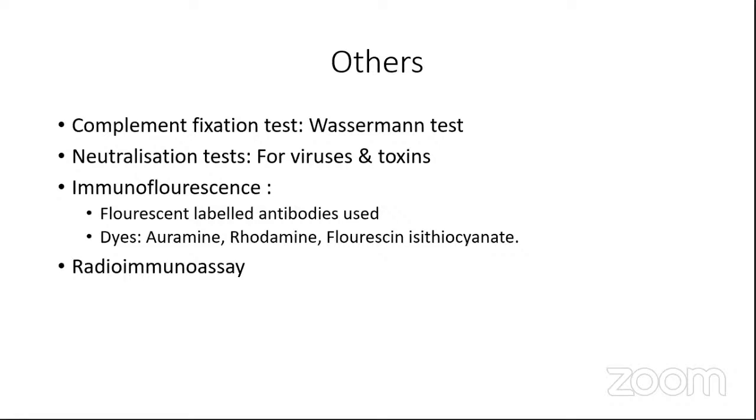What you need is a fluorescent labeled antibody, and the fluorescent dyes commonly used are auramine, rhodamine and fluorescein isothiocyanate. In the same way we have radioimmunoassay, where instead of the fluorescent dye, you tag a radioactive isotope like iodine 131, etc. And you look for the radioactive emission by means of a Geiger-Müller counter.